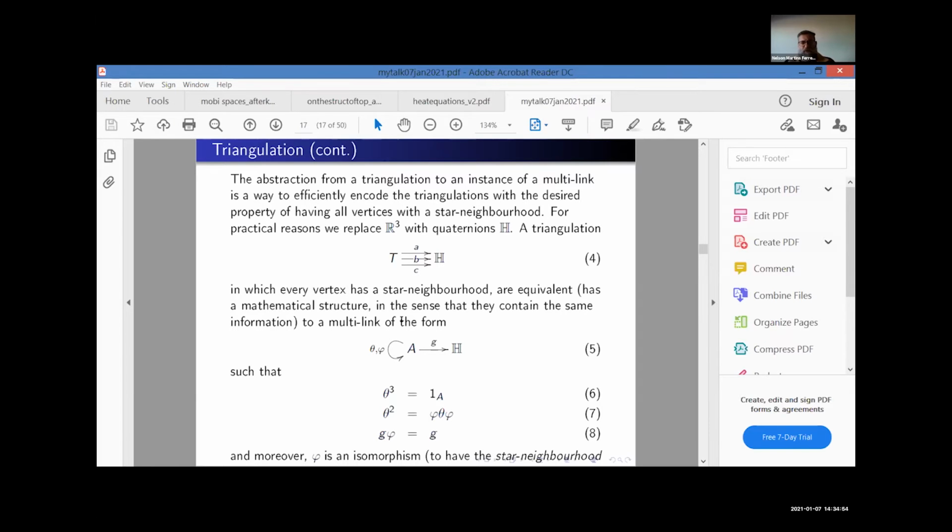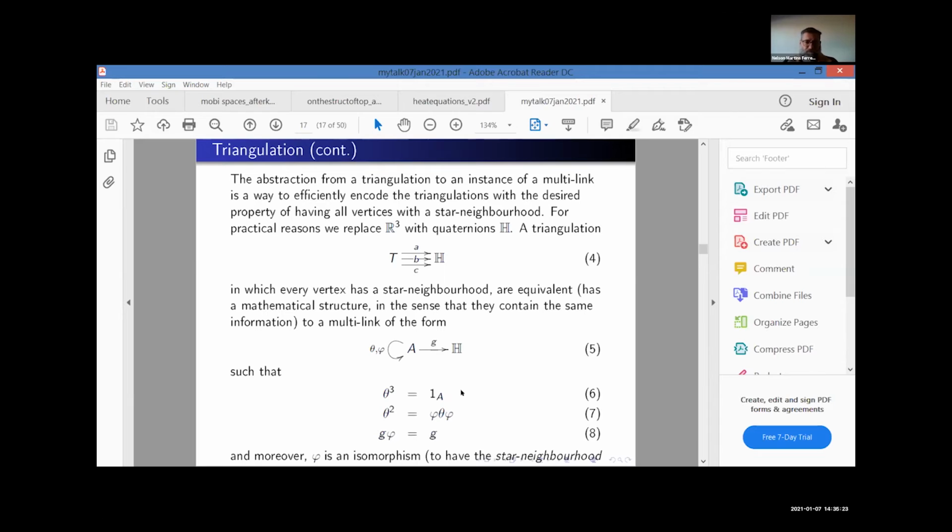And with these two transition maps, satisfying these mathematical conditions, this fully characterizes, so this is a mathematical result, that a structure of this shape comes from a triangulation if and only if there exists an equivalent way of seeing it as a multi-link, namely with these two transition maps, satisfying these conditions.